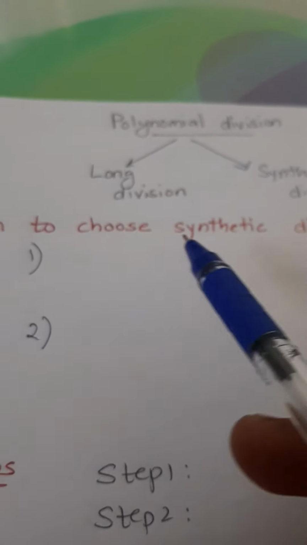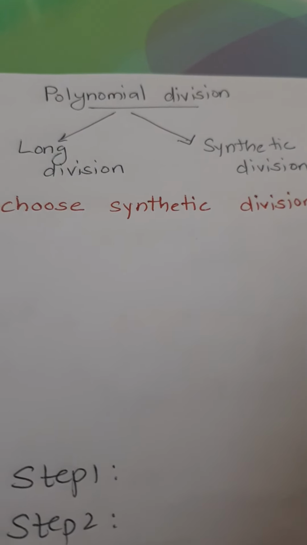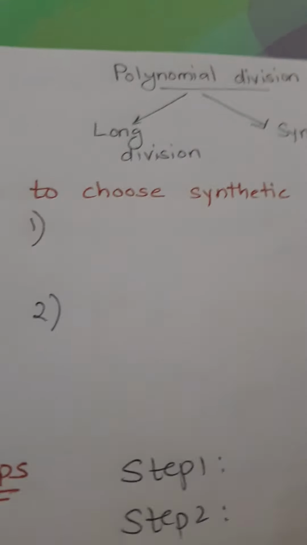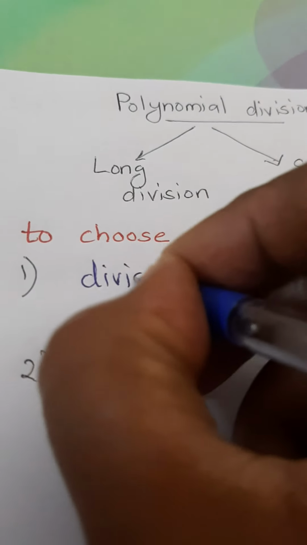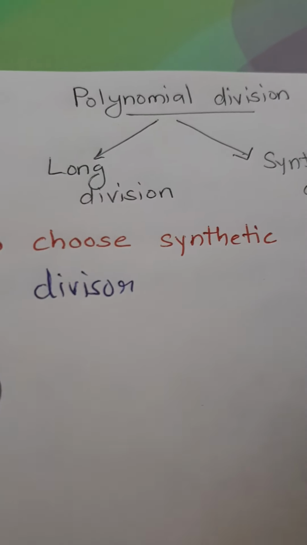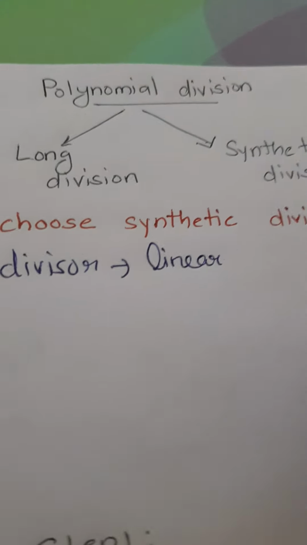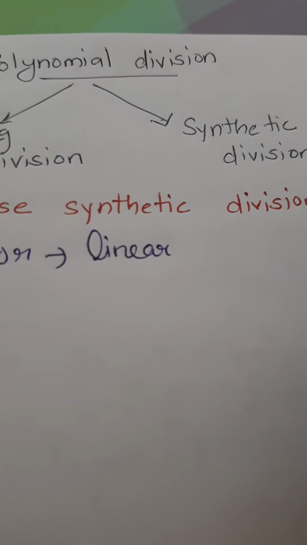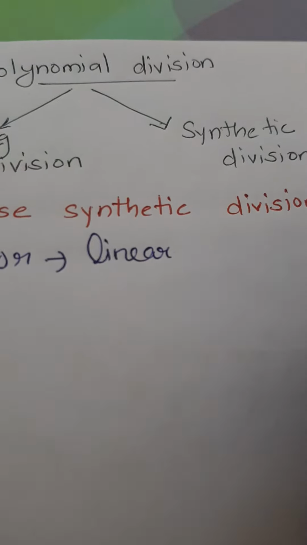Now, when to choose the synthetic division method over the long division method? There is a special case where the divisor polynomial should be linear. According to the definition, a polynomial which has degree 1 is known as a linear polynomial.